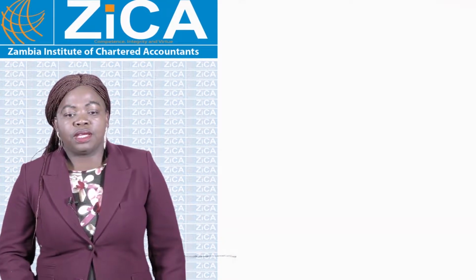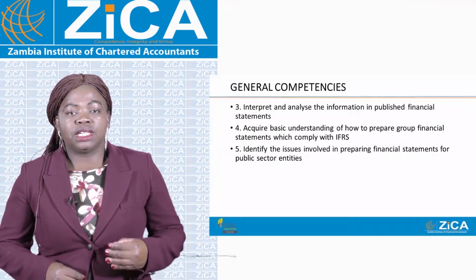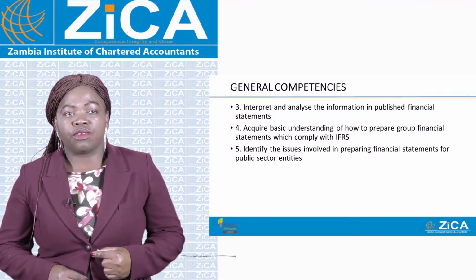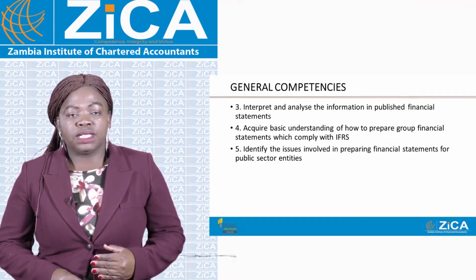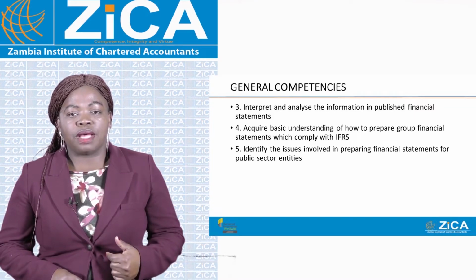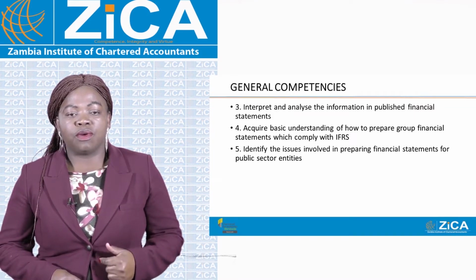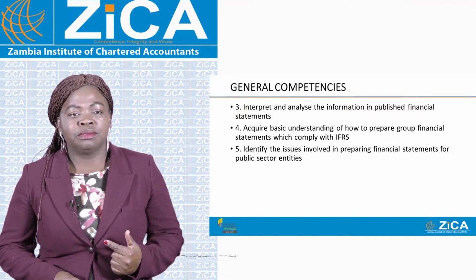Another area where you need to be very comfortable is interpretation of ratios. Interpretation of ratios is not only stating that a ratio has improved and hence good performance, or it has gone down, poor performance. That is not interpretation. You actually get 0 marks.